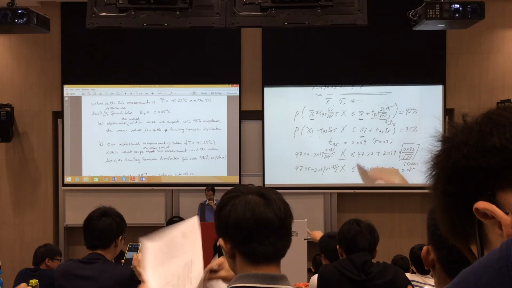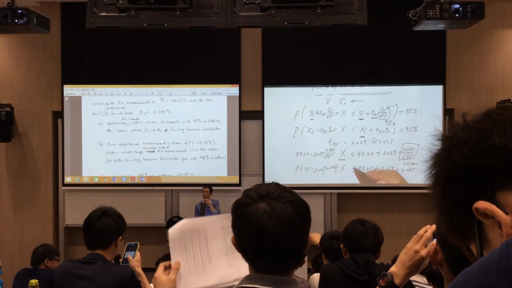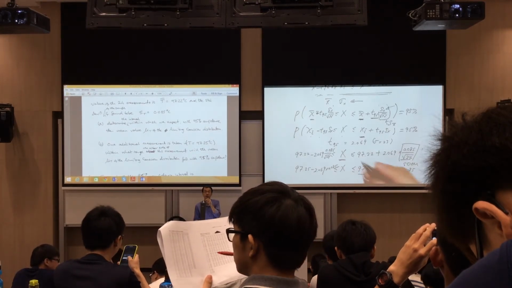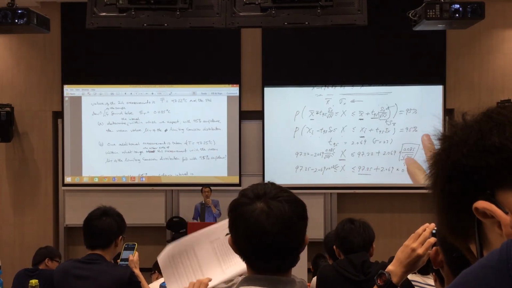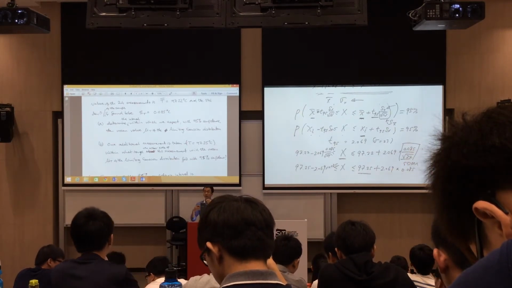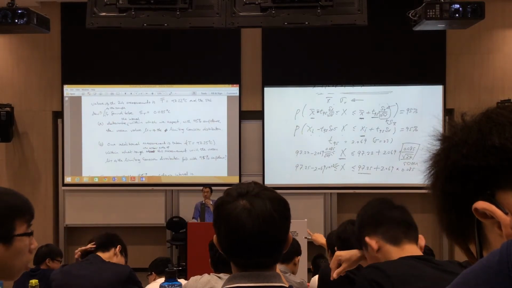Okay, so basically these are the two ways the question can ask you. The first part is, you are given the average value from the measurement and the standard deviation of measurement, and you need to estimate the 95% confidence limit for the mean.